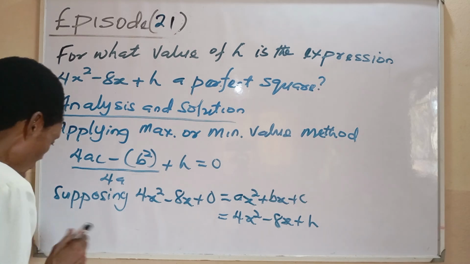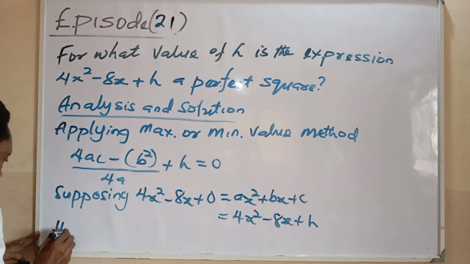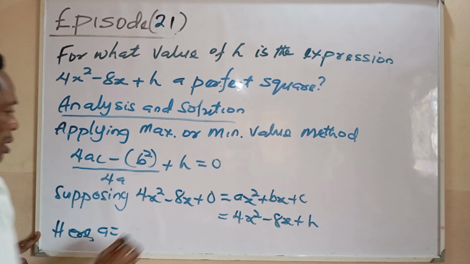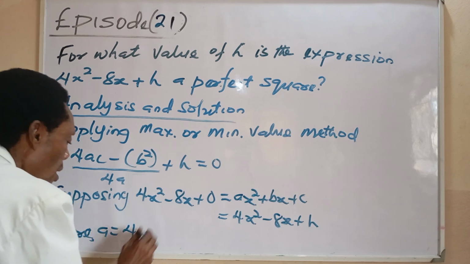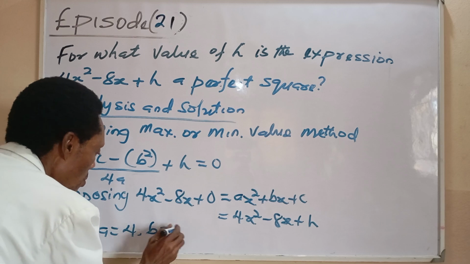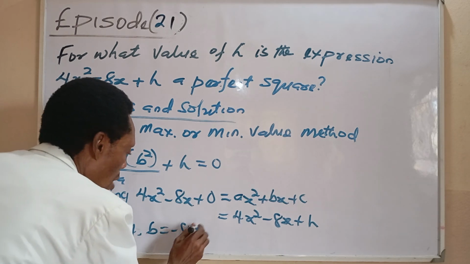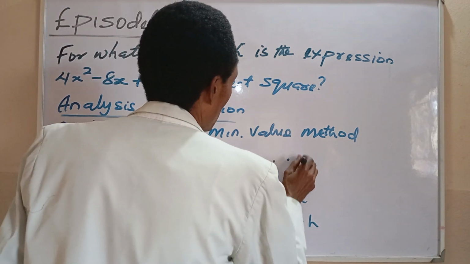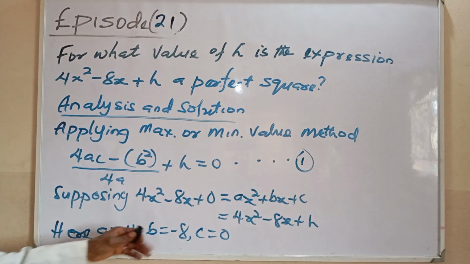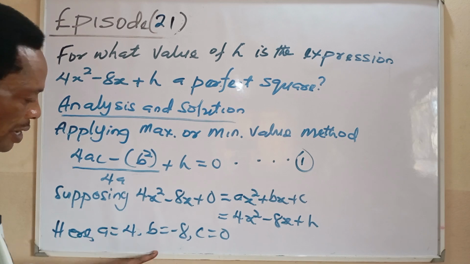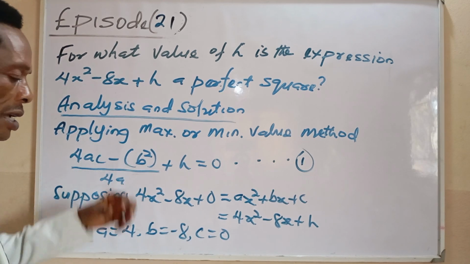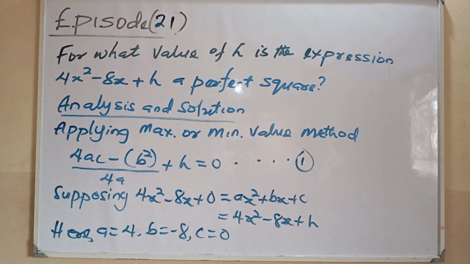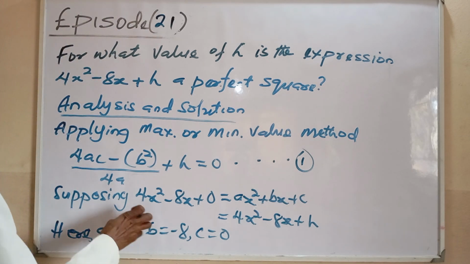So it means that our a equals 4, our b is minus 8, and our c equals 0. So here is this one as equation 1. You have to substitute the values of a, b, and c into this equation. So let us clean it up.